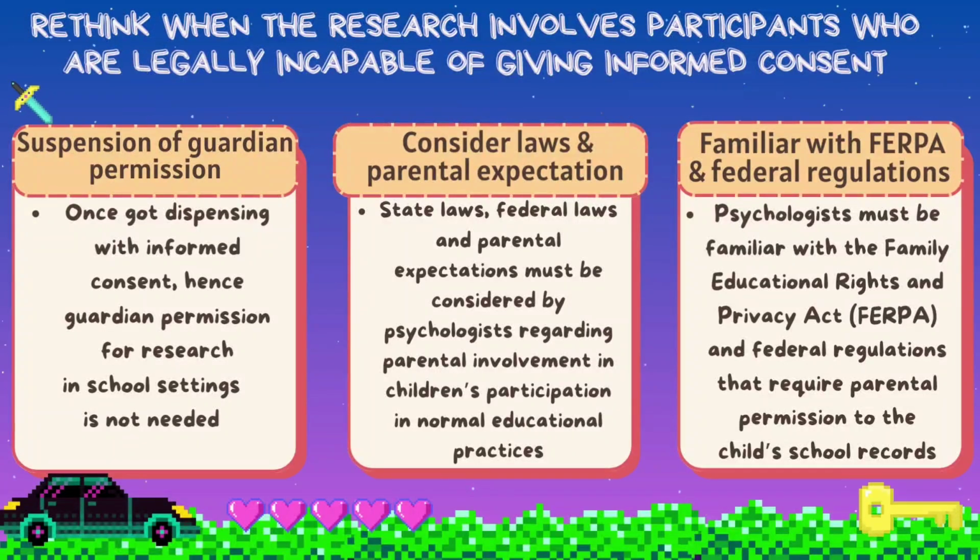Besides, state laws, federal laws and parental expectations must be considered by psychologists regarding parental involvement in children's participation in normal educational practices before deciding whether to dispense with parental permission or student assent. Also, psychologists must be familiar with the Family Educational Rights and Privacy Act and federal regulations that require parental permission for access to the child's school records, whether parental permission for the evaluation was required or obtained.